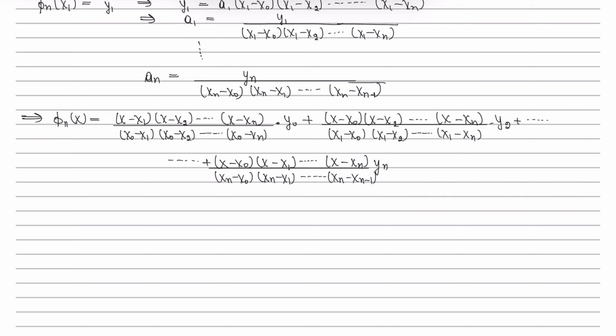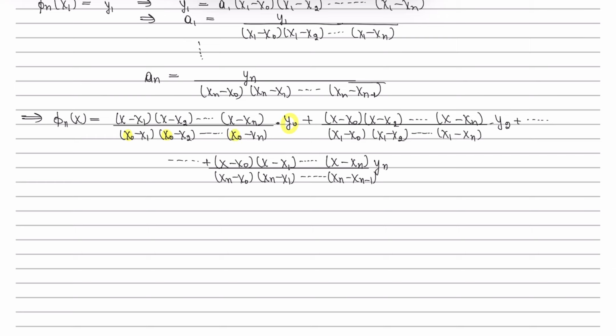Now in this formula we have to notice one thing, that the coefficient of y naught will have all the terms subtracting from x except x naught, and in the denominator we will just directly put the value x naught in place of x.